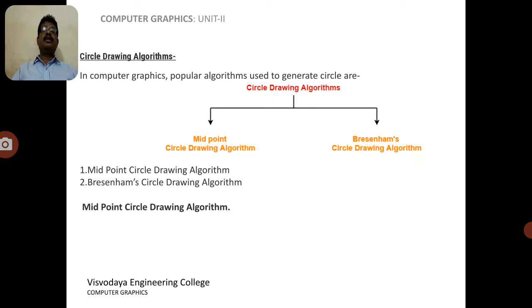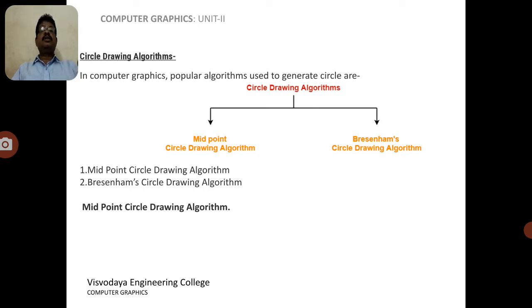In line drawing algorithms we need two coordinates, the starting coordinate and the ending coordinate. But the circle drawing algorithm requires only the center coordinates, x0 and y0, and one more requirement, the radius. The radius value is given here. Bresenham's algorithm identifies the radius value as the y coordinate.